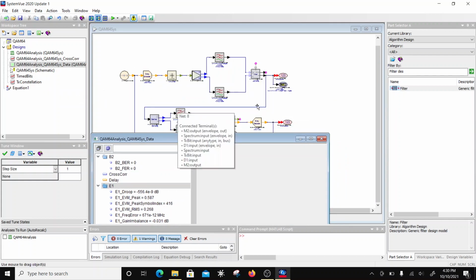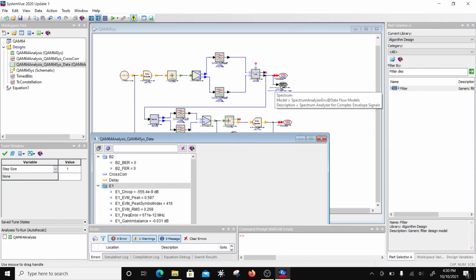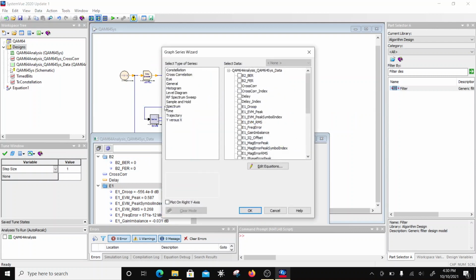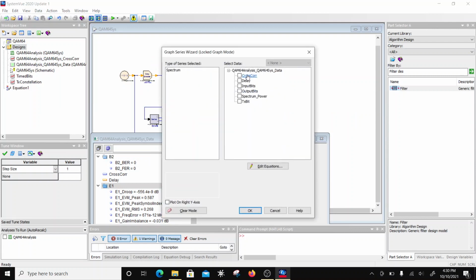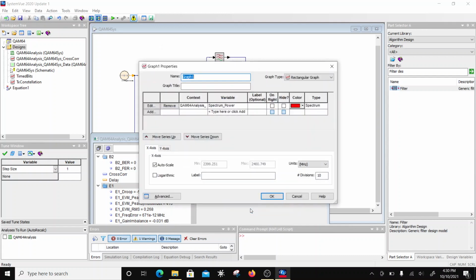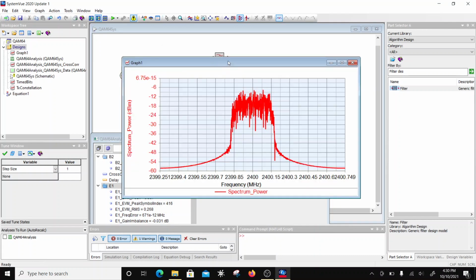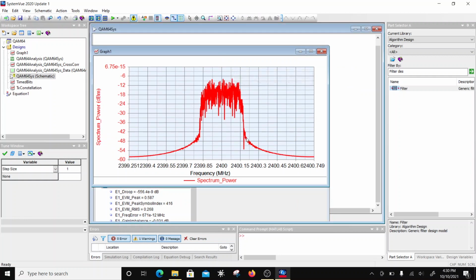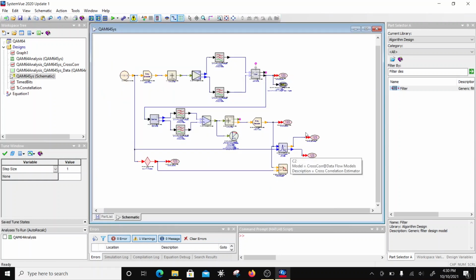If I want, I can plot the constellation and the spectrum here, right? So let's add a graph. The transmitted spectrum was the spectrum power. Okay, so this is the spectrum which was transmitted, and then I demodulated it and received my bits.